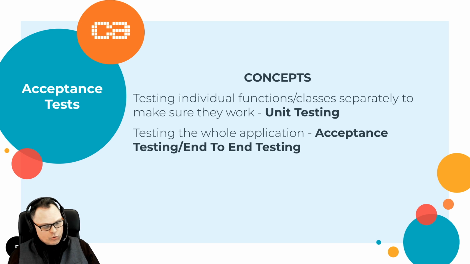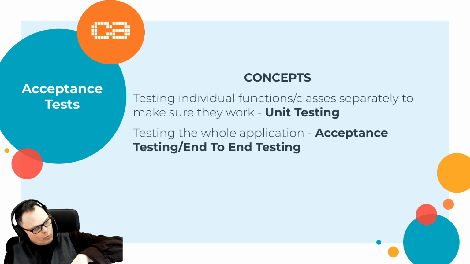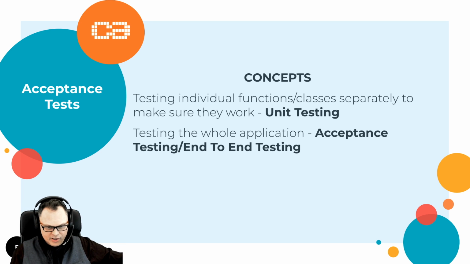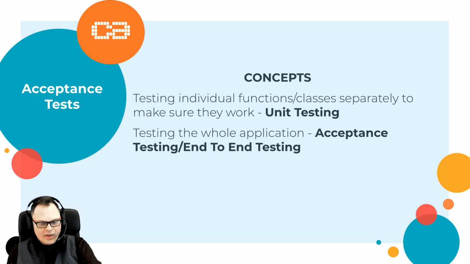They are also called end-to-end tests because of another reason. Because when we run them, we interact with the user interface, then a lot is happening in our application, and then the outcome is also outputted on the interface, on the screen, right? So we interact with the interface.